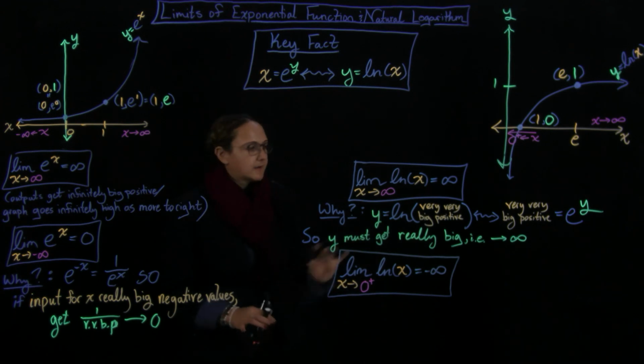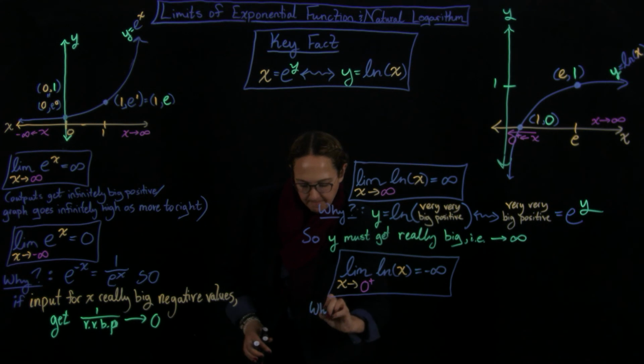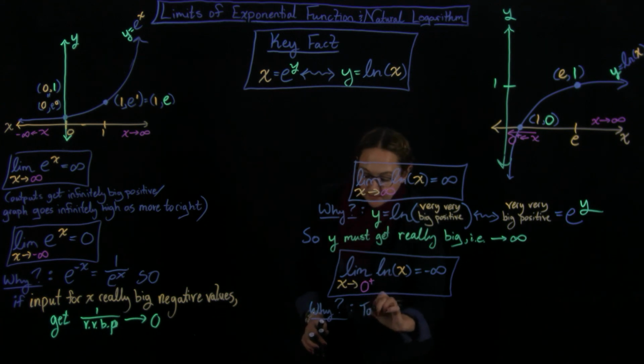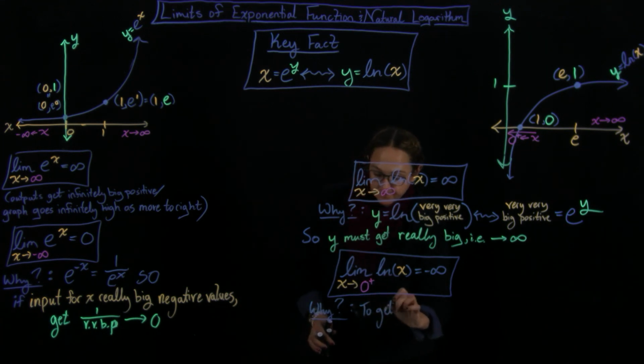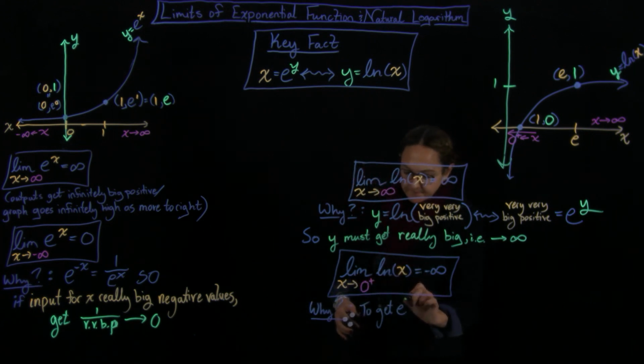Okay, so how do we get this? So y, right? Well, to get e to the y close to 0, how do we make e to the y close to 0?